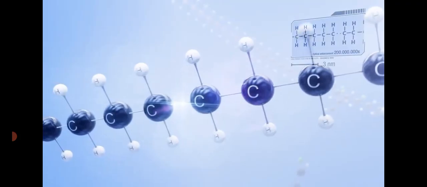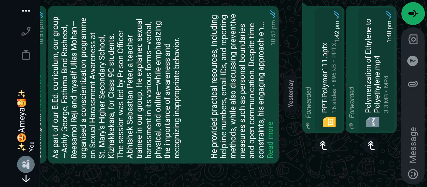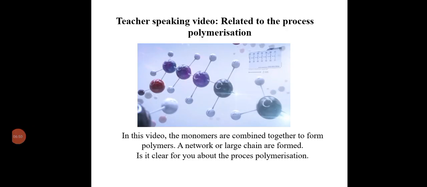It is clear that a very large chain, a network of molecules, is formed, that is, polymers are formed. Is it clear for you? What is the process of polymerization?